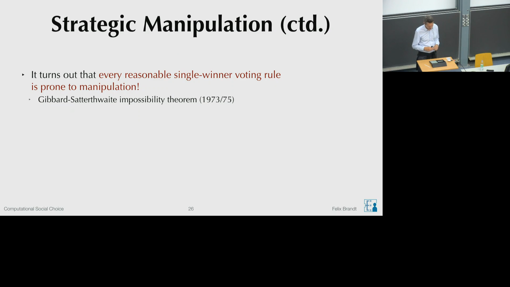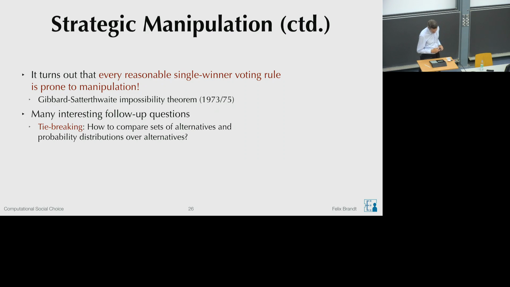We are going to show this formally later in this course, and it basically shows that all rules can be strategically manipulated. In particular, all the ones that I showed you today can be manipulated. If you have only 2 alternatives, again, things are fine. You can do majority vote between these 2 alternatives, and there's no way to manipulate this. But if you have more than 2 alternatives, then basically every voting rule can be manipulated.